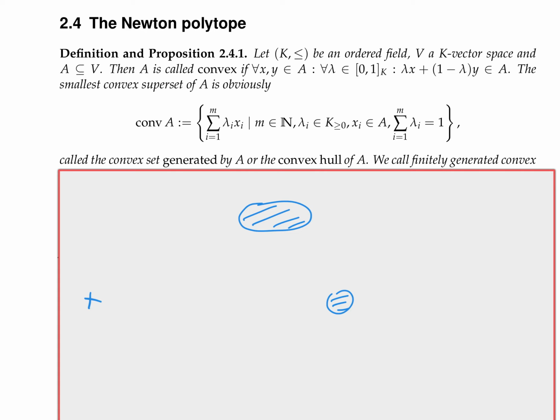Certainly, since this point is in there and this point is in there, the whole line segment between them is in there, right? And also here, this line segment is in there. And also, so I'm wisely choosing already the lines I draw here, right? This is also certainly in there, right?